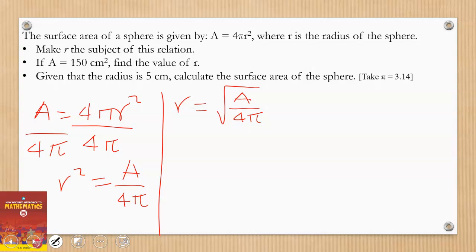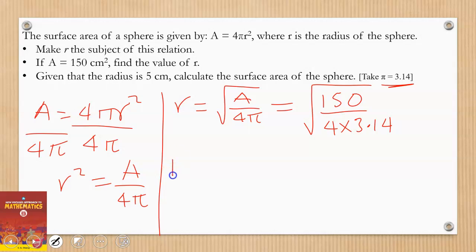Now they said if A is 150, we want to find the value of r when pi is 22/7 or 3.14. So again, we can make the substitution. Now we have A as 150 divided by 4 times 3.14 as our pi. So then r becomes, now we can just put it all together and simplify.